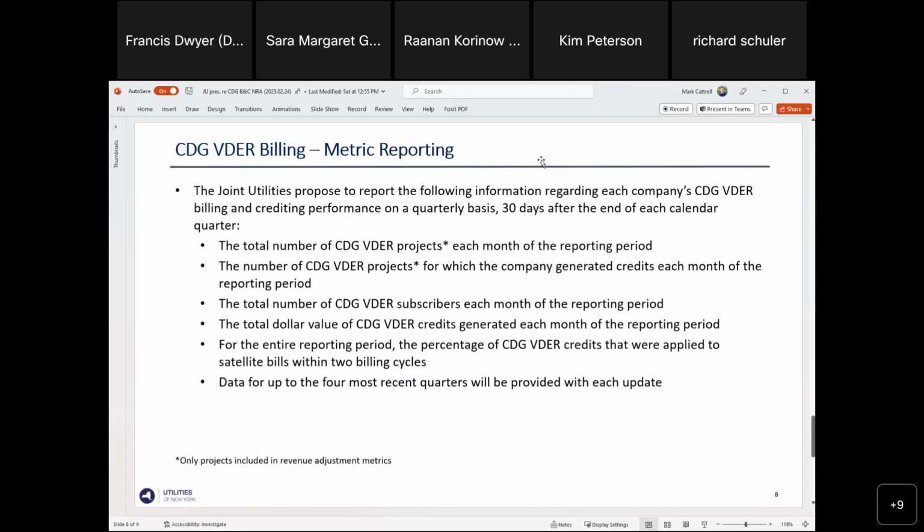Hi, Rick. Yes, so the difference would be the number of hosts that the respective utility should calculate and allocate credits for, but did not as of that reporting period.